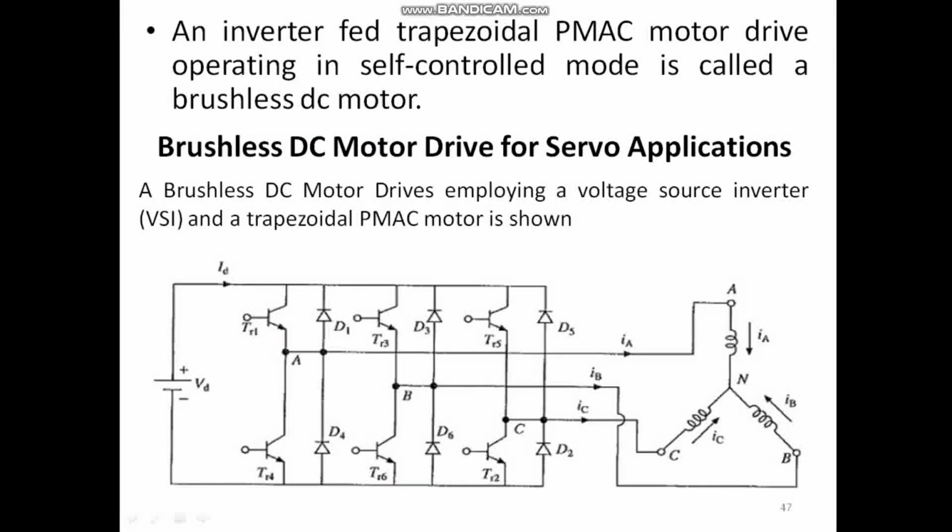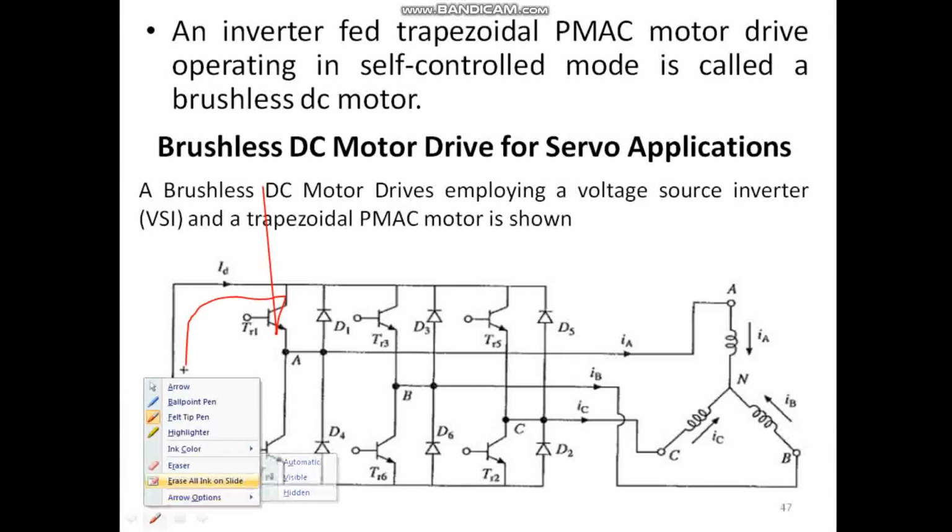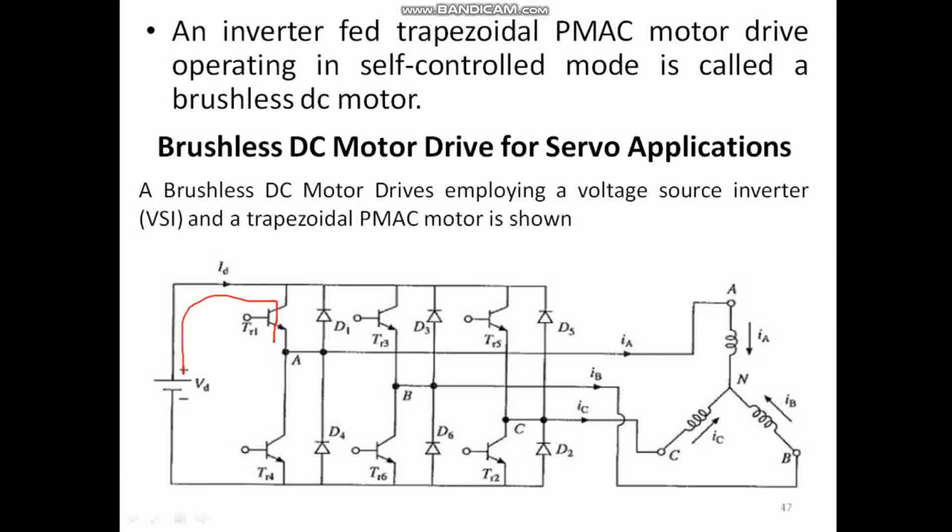The current will flow through the path starting from VD, coming through TR1, through phase A, up to phase B, travels through phase B and comes up to TR6 and back.